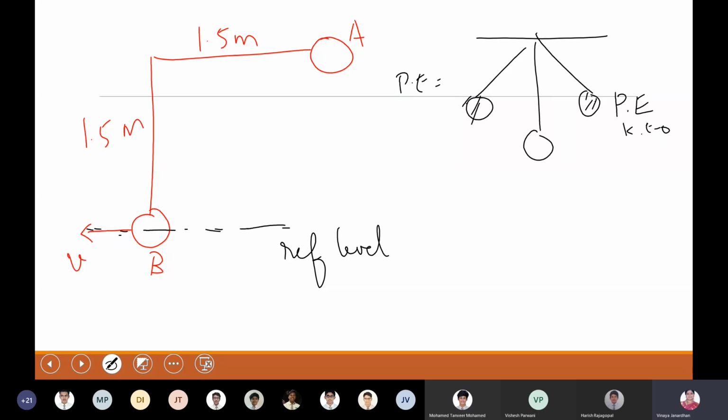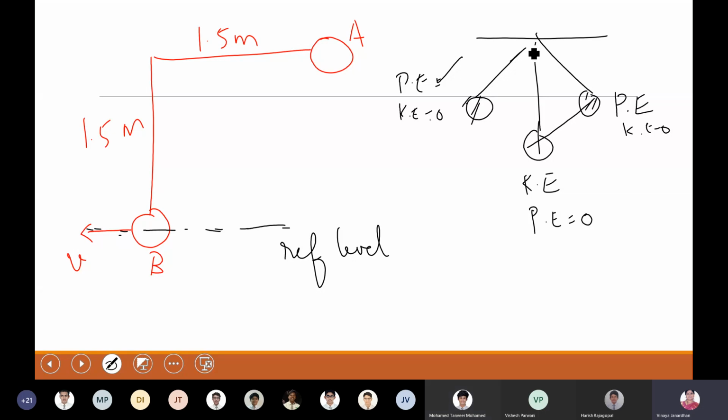At the extreme position, energy is totally potential, kinetic is 0. But at the mean position, this is called the rest position, the energy is totally kinetic, potential is 0. But when it is moving from the extreme position to the rest position, potential will be converted to kinetic. Is that clear, boys?